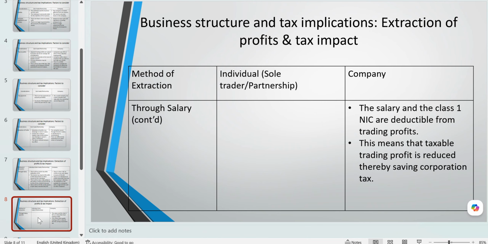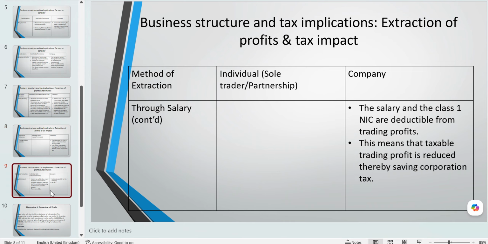Through salary extraction continuing for companies, the salary and the class 1 national insurance contribution are deductible from trading profits. This means that taxable trading profit is reduced, thereby saving corporation tax. This is when a company director extracts profit through salary.